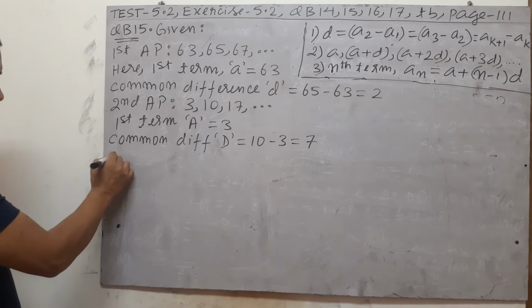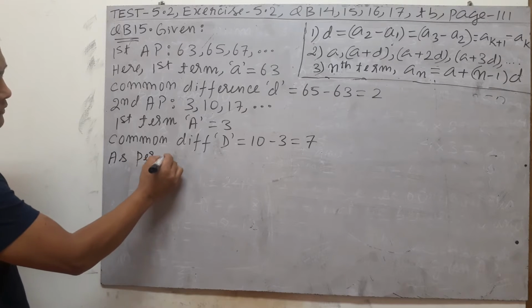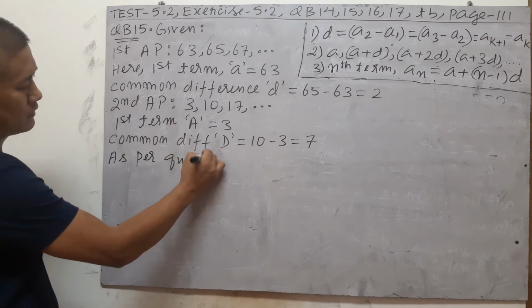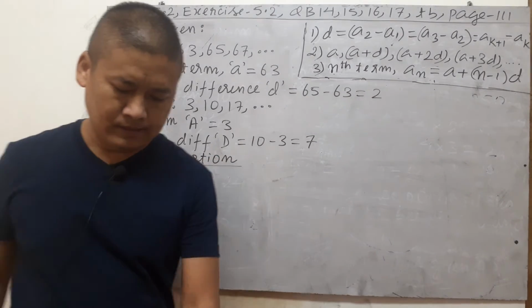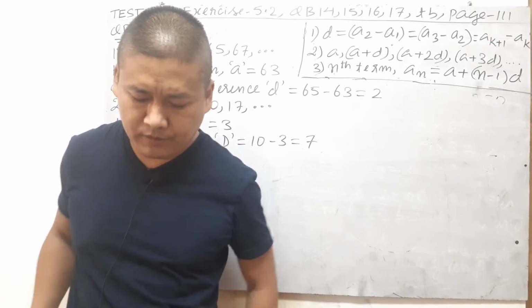Now that is given, so as per the question, there is an important piece of information given in the question, so let us try to figure that out. The nth terms of the two APs are equal.